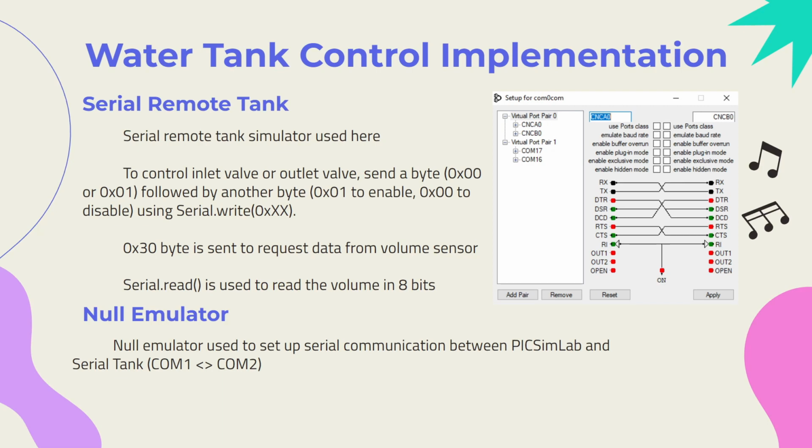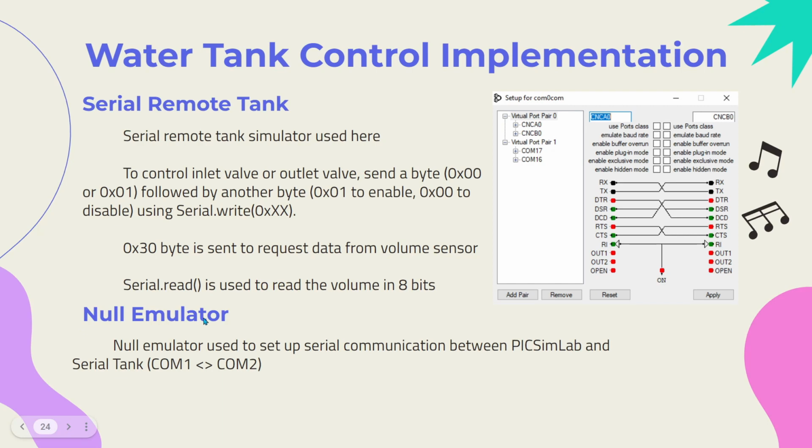Actually we need to send two signals. One is to mention inlet valve or outlet valve. The next one is to enable it or disable it. Here we need to use the Serial.write function to write this value into the serial tank. For that we need to connect our Arduino and our serial remote tank serially, using the null modem emulator.